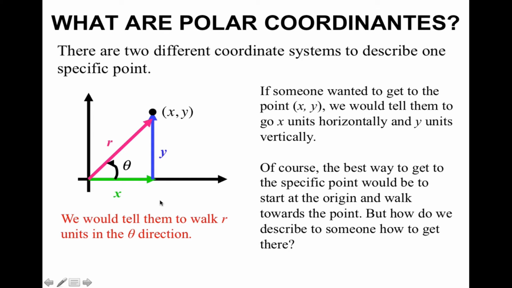So we would tell them to walk r units in the theta direction. We're using r because if we think of circles, it would represent radius. So the point x, y in our Cartesian coordinate system would represent a point called r, theta in what we call our polar coordinate system.